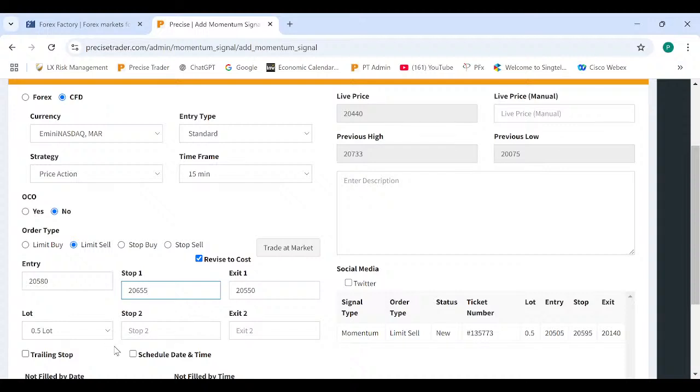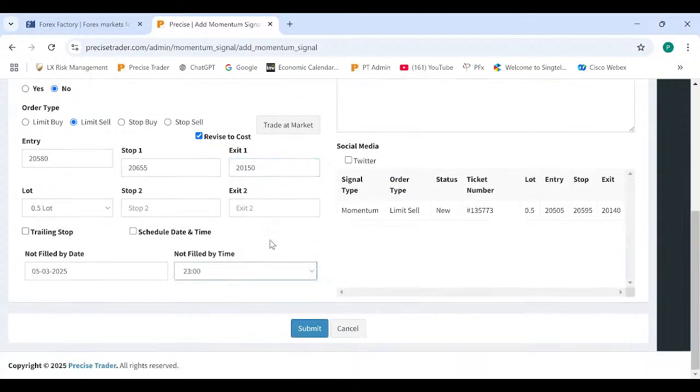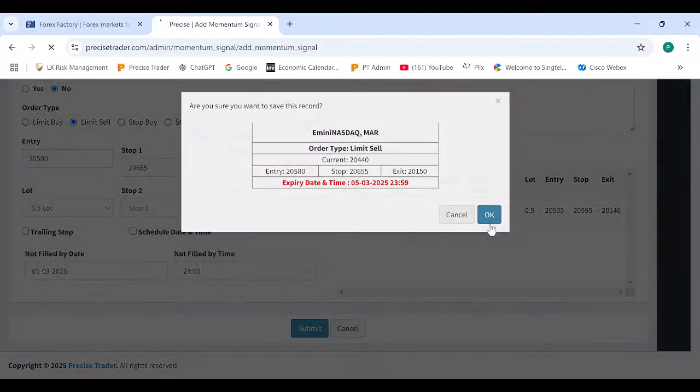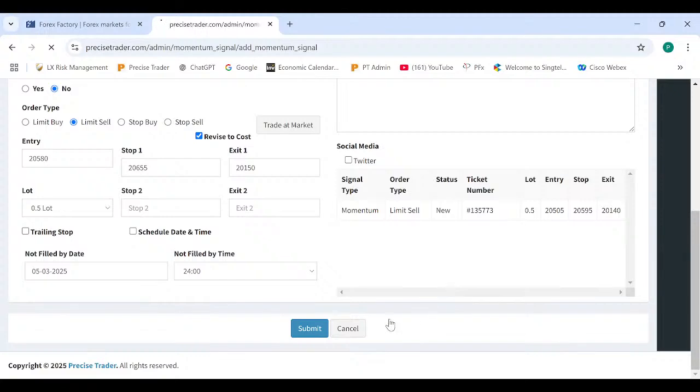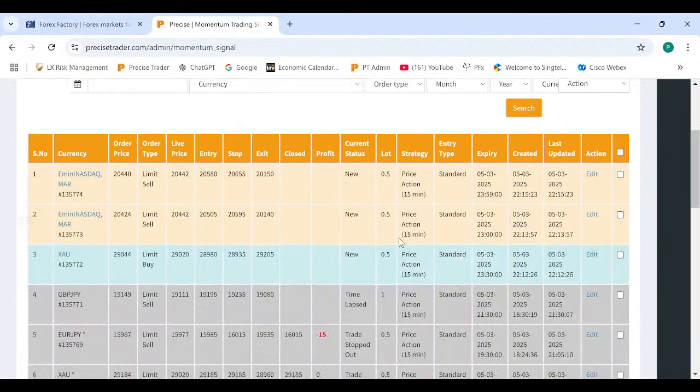Let's see the high today, 20630, so we'll put it at 20655. This one again we will put as 150, then later we will try to do the adjustment, and we will go for the same type, then later we'll do the adjustment.